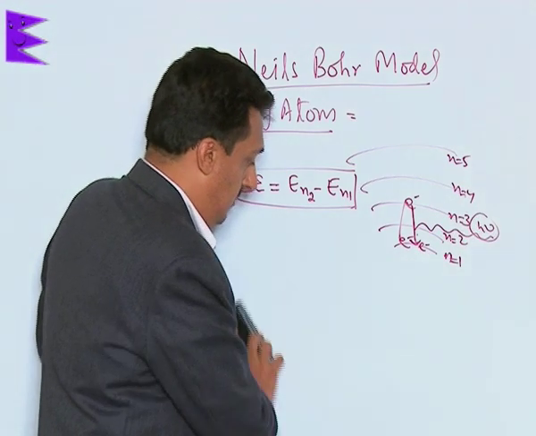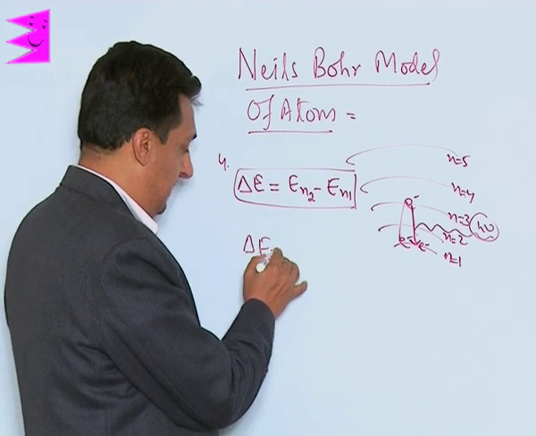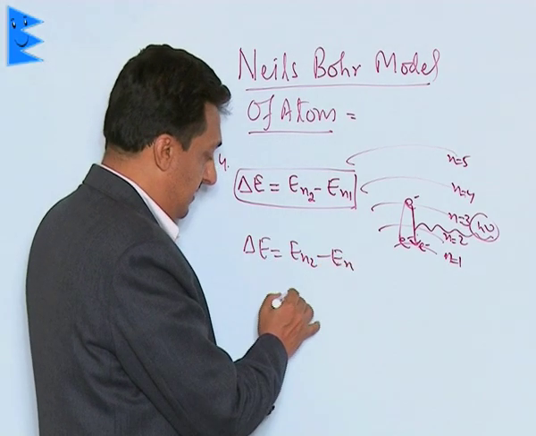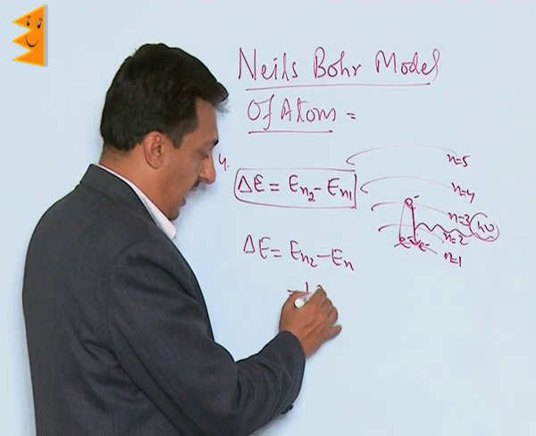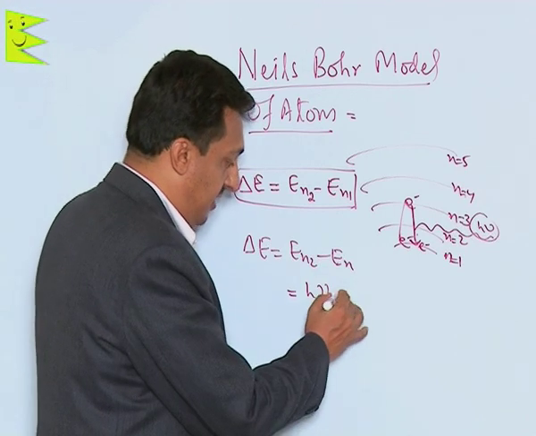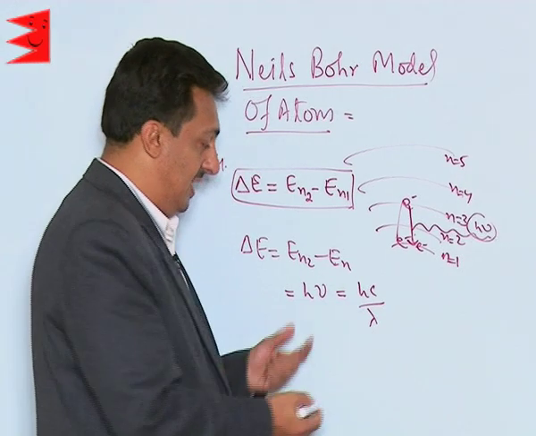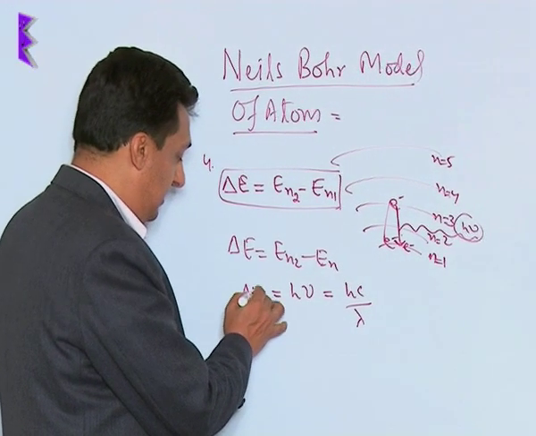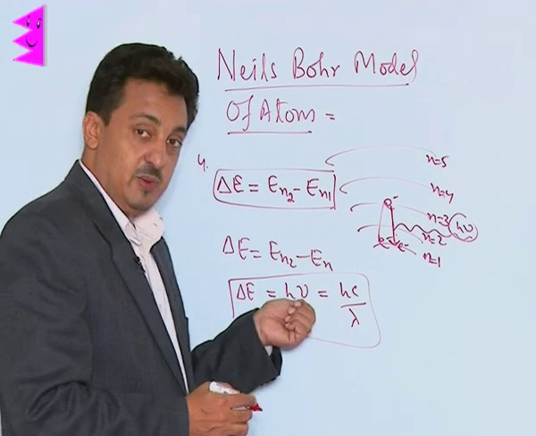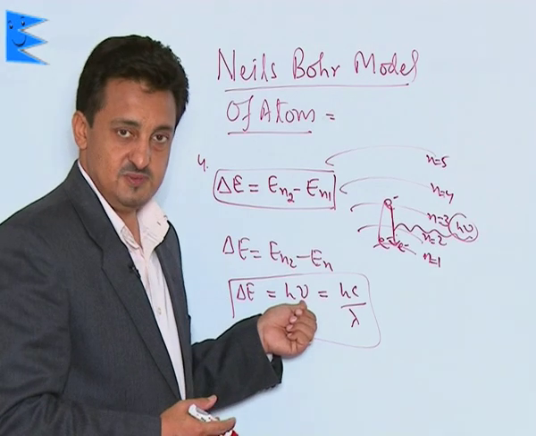Now, this energy difference, delta E, which is En2 minus En1, is given out in the form of h nu, the EM radiations, which can be written as hc over lambda. So if we know this delta E, the difference amount of energy, then we can find out the wavelength or the frequency of the radiation which is given out.